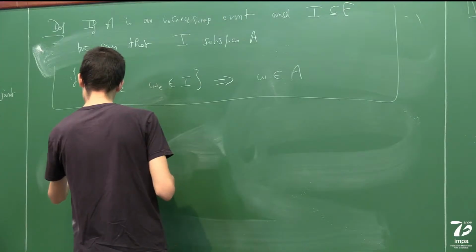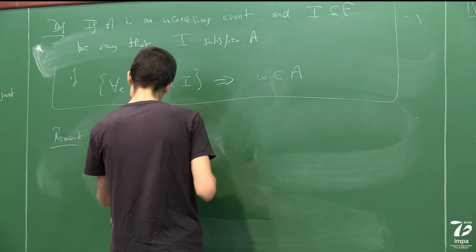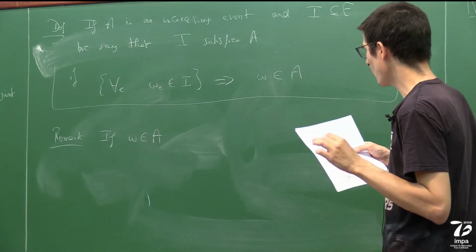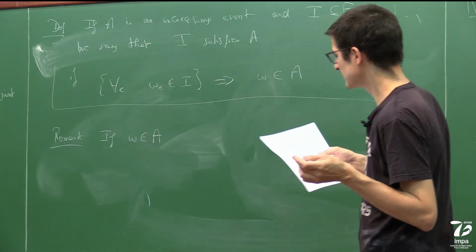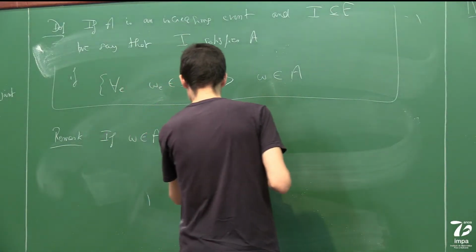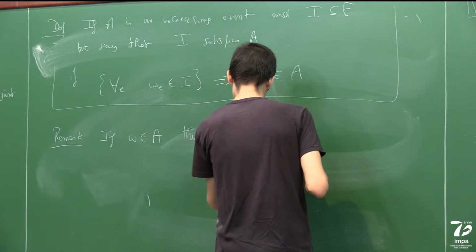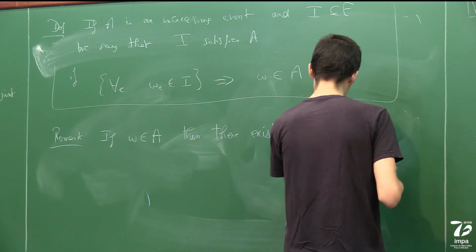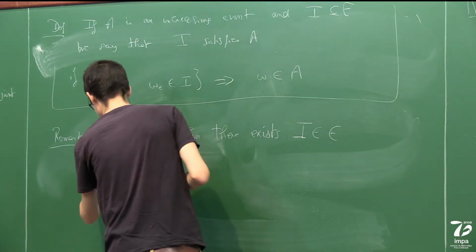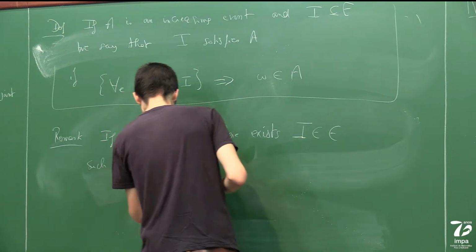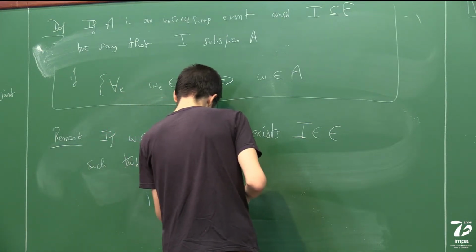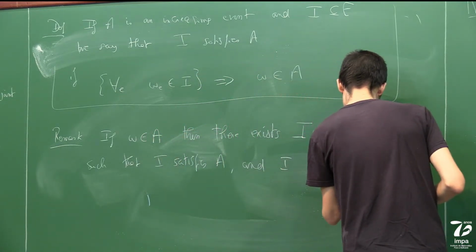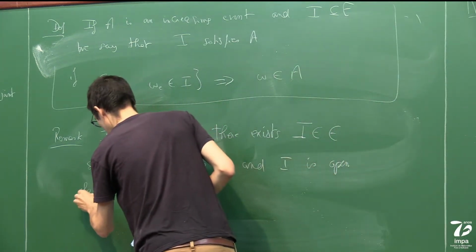Remark: if omega belongs to A, then there exists I in E such that I satisfies A and I is open for omega.